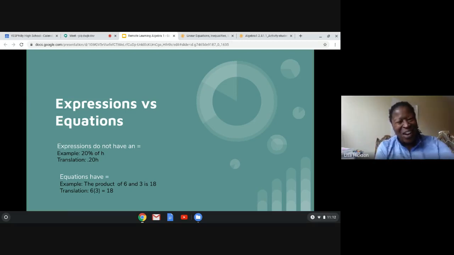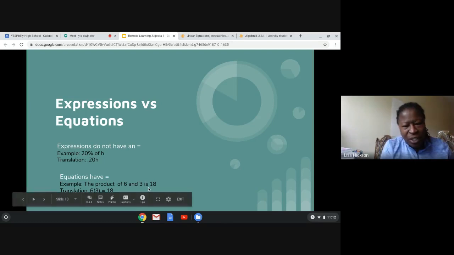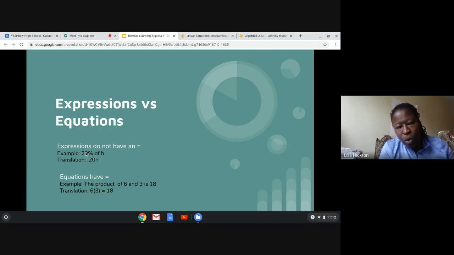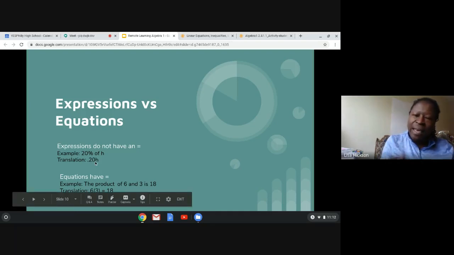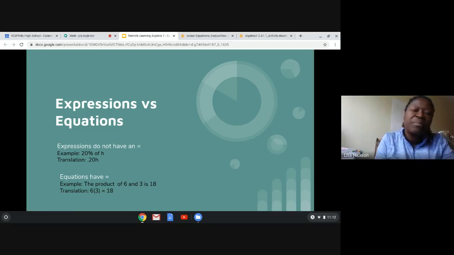All right, so again, expressions do not have equal signs. So as Shadi said, here is an example. The example is 20% of H. Remember, we would then convert the percentage to a decimal. And at this level of our math, remember, we just put them together.